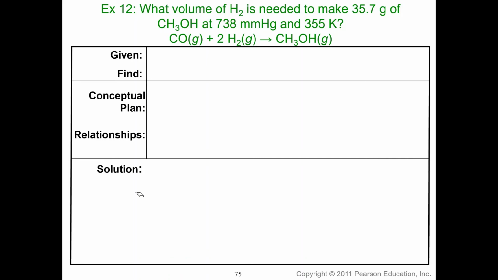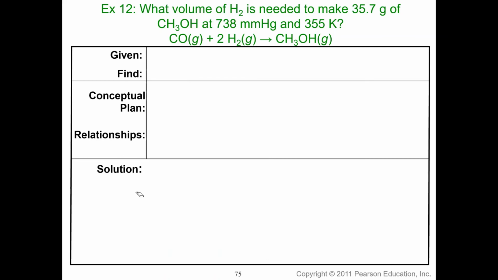All right, let's look at this. What volume of hydrogen is needed to make so many grams of methanol at that pressure and temperature? Now you see what they're asking you here. The volume of hydrogen needed to make so many grams of methanol.